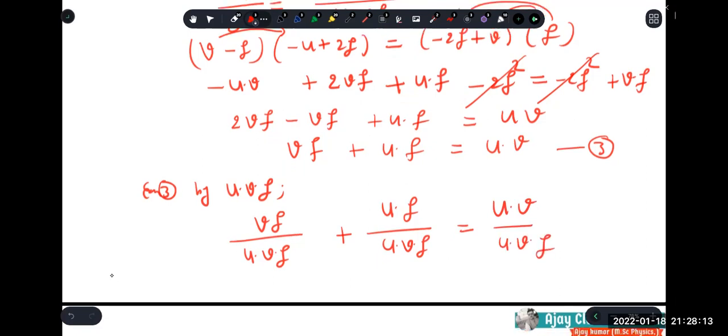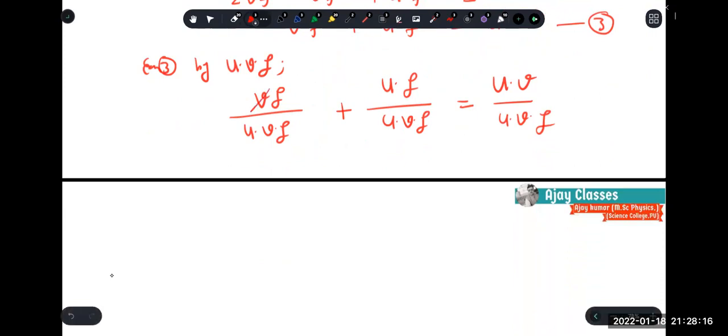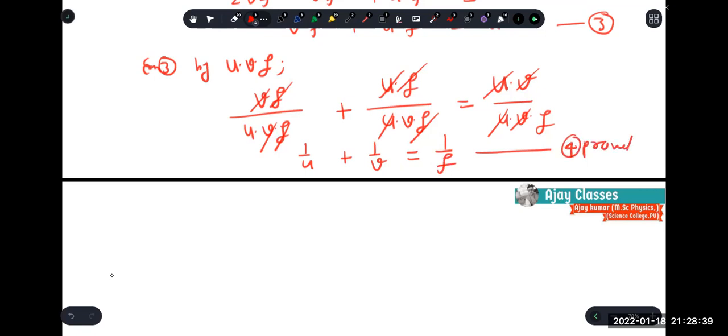By dividing all the terms, VF cancels out, UF cancels out, UV cancels out, and we get the relation 1 by U added to 1 by V equal to 1 by F, and we get the required mirror formula. So this is the way to derive mathematically the mirror formula in the case of a concave mirror.